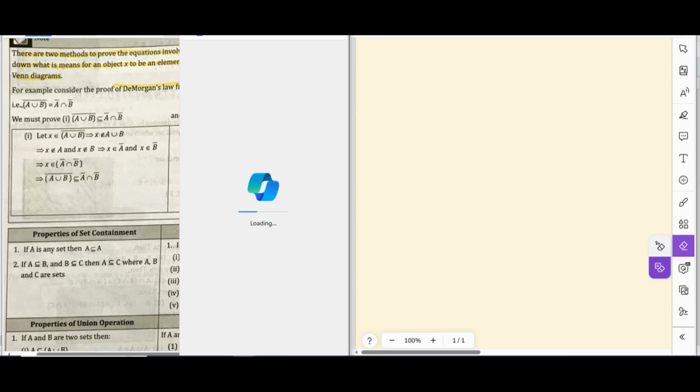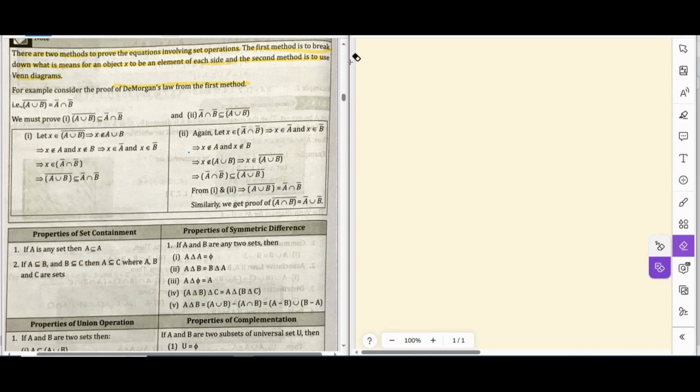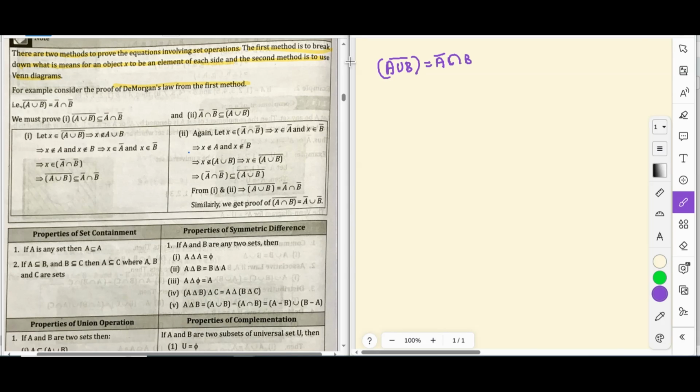So the first method here is: A union B whole complement equals A complement intersection B complement. To prove this, let us take x belongs to, we'll be proving LHS first, A union B whole complement.